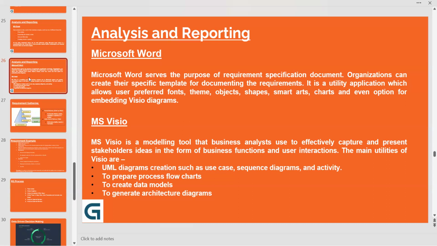Thank you so much. Here you see MS Word is not a simple plain text document. It has all the functionalities: you can have a font, a theme, you can add objects and shapes.